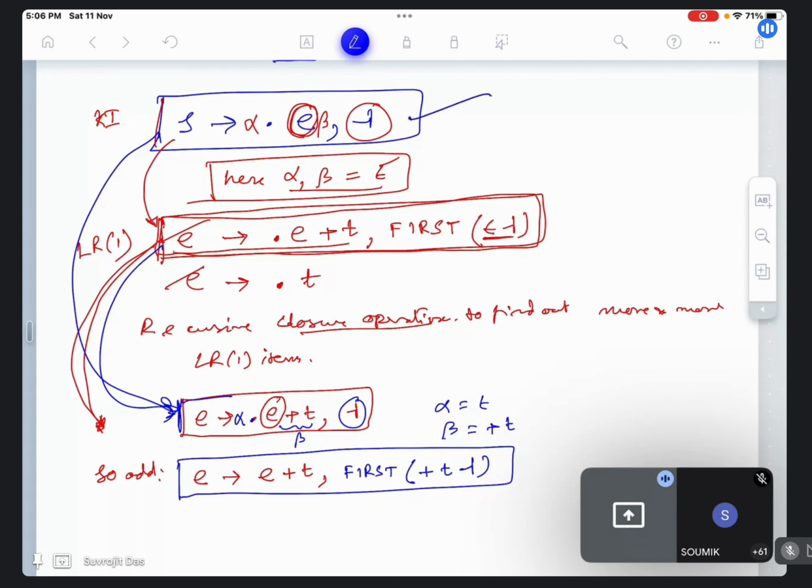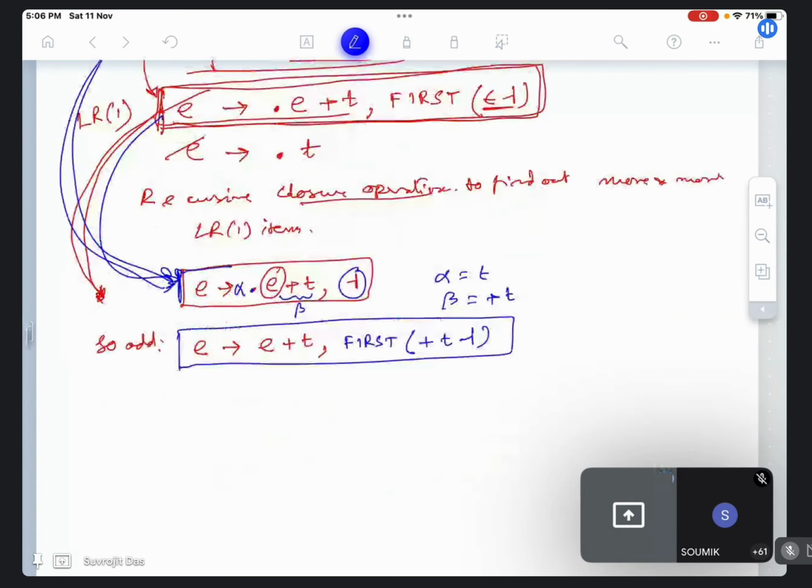So I started with the kernel item, I created this item, and I applied that algorithm again. I thought of E goes to alpha dot E plus T, and I mentally think that this plus T is beta. If this is beta and this is the end marker of your string, then I should add E goes to dot E plus T, first of this. Sorry, I forgot to give a dot.